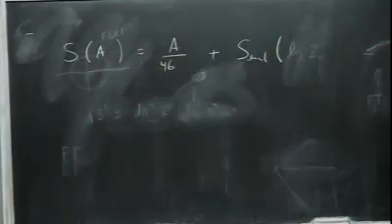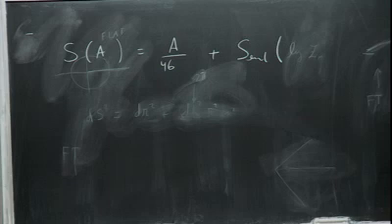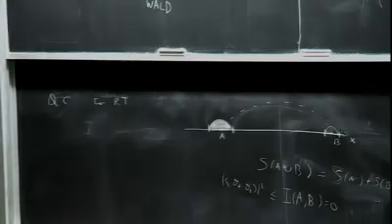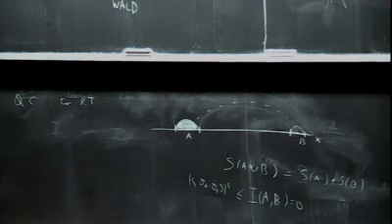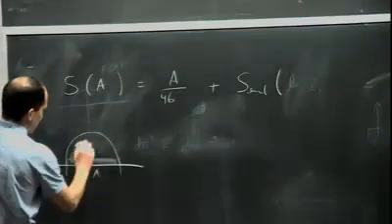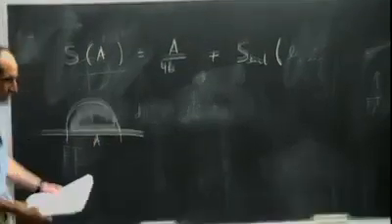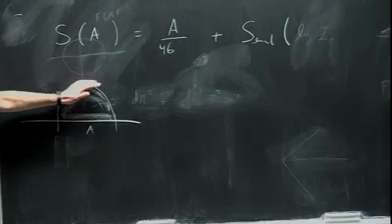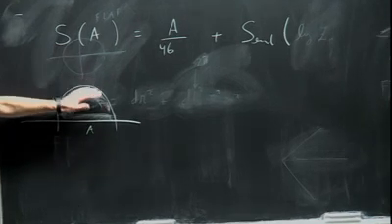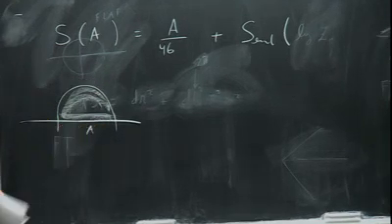In the case of this Ryu-Takayanagi discussion, if we have an interval, some region A, we have the Ryu-Takayanagi surface, and the region between the interval and the surface is in some sense the exterior. If you view the surface as the horizon, analogous to the horizon of the black hole, it's the region outside the horizon.